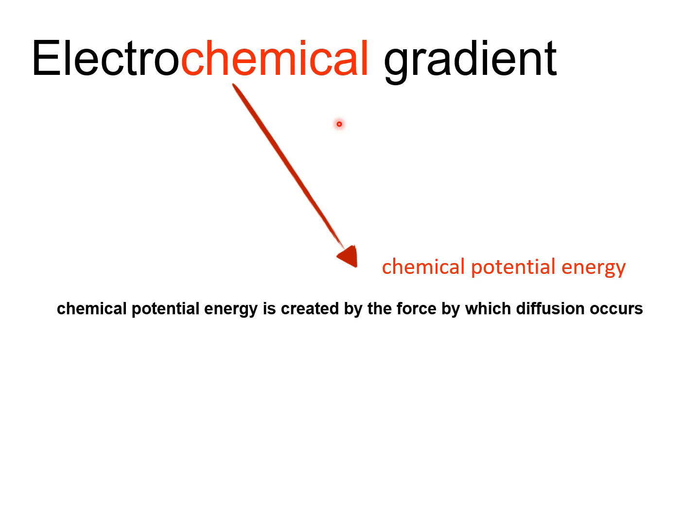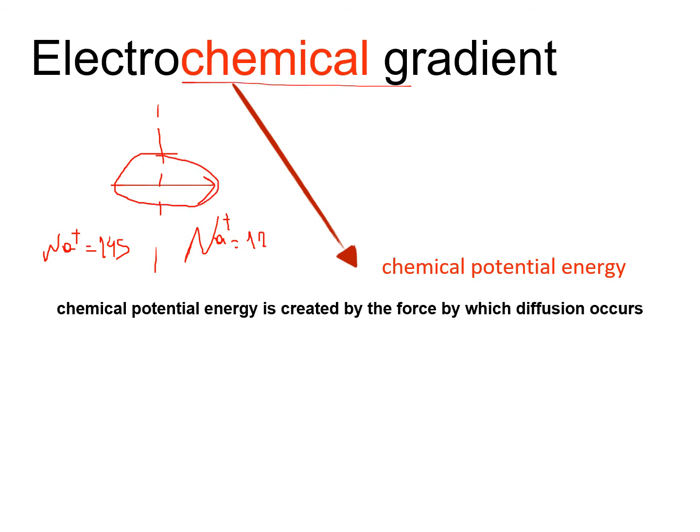So that means that if the concentration is greater on one side than the other, so let's say, again, just a quick revision, we have a sodium concentration here that is 145 milliequivalents, while the sodium concentration here is 12. We see that the sodium will want to move down its concentration gradient through that. And that little arrow, that force that drives sodium to that side of the membrane, is the chemical gradient.